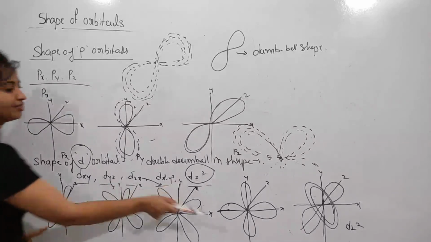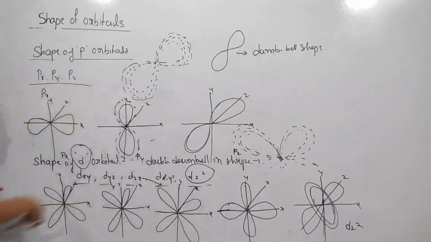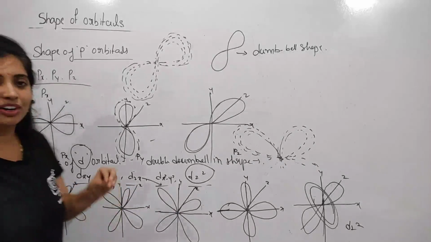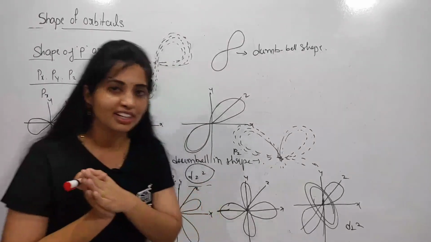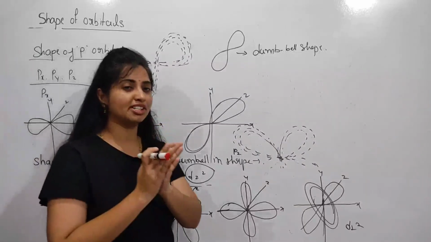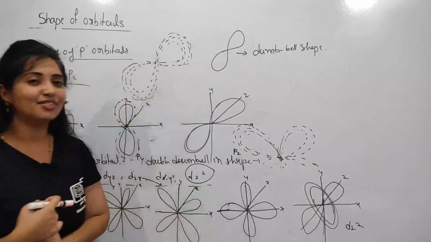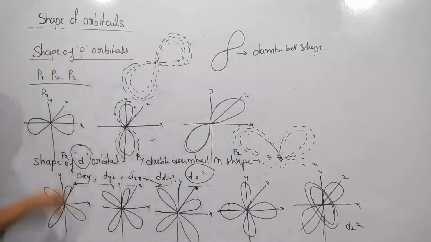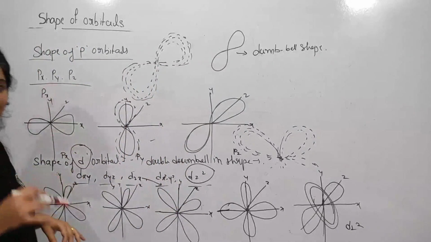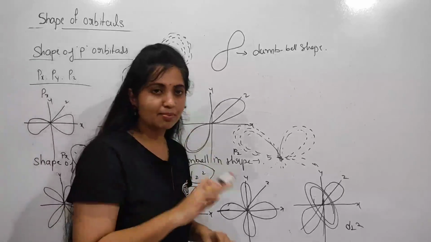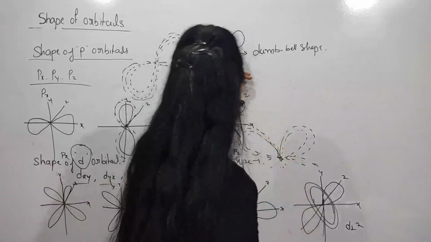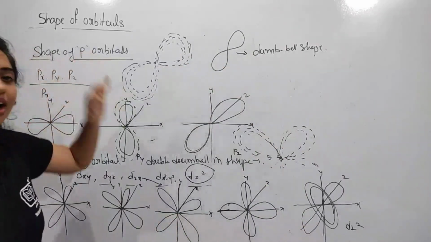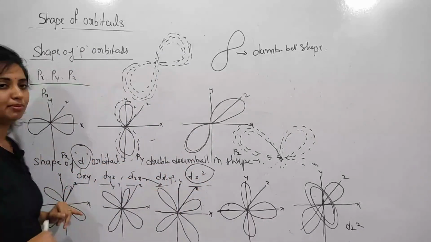So these are 5 different types of orientations of the d orbitals. I hope you got clarity about the shape of orbitals like the s orbital, p orbital and the d orbital. I wish to repeat: we are having a spherical shape in the s orbital, dumbbell shape in the p orbitals and double dumbbell shape in the d orbitals.